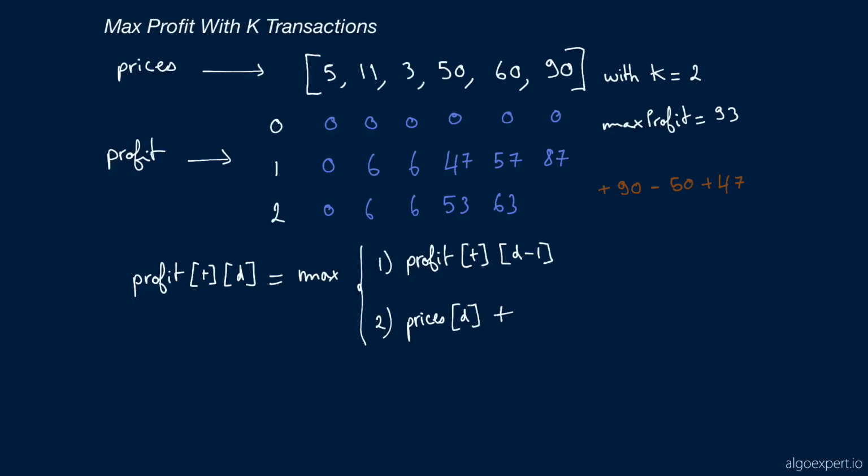We started using our second transaction. We bought 1 share for $50, and then we sold it for $90. And voila. So we have $47 here minus $50 plus $90. And I'm just assuming that the currency is in dollars.